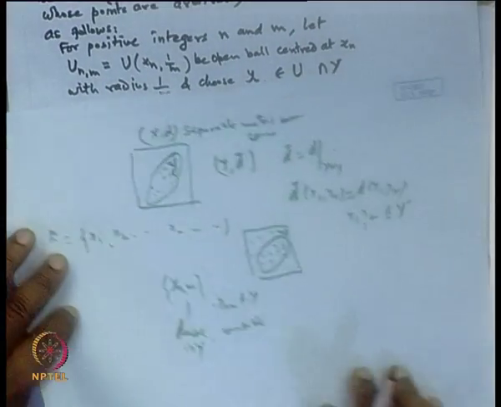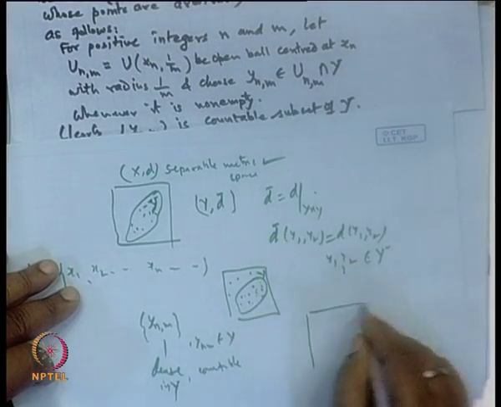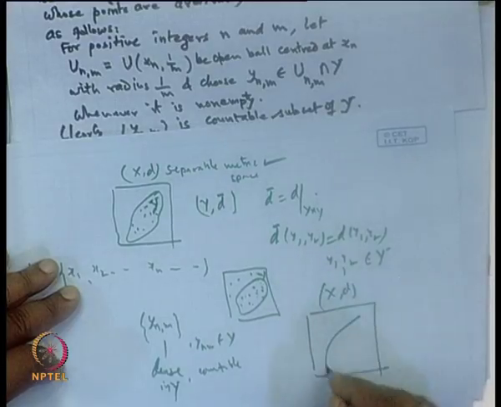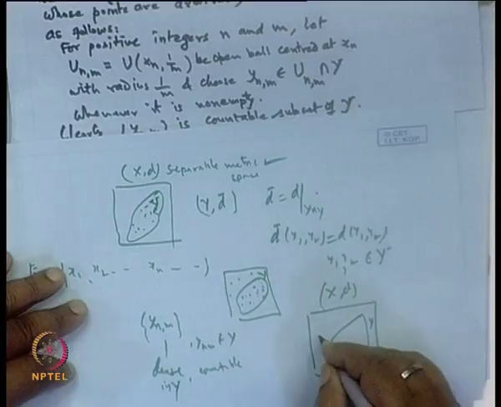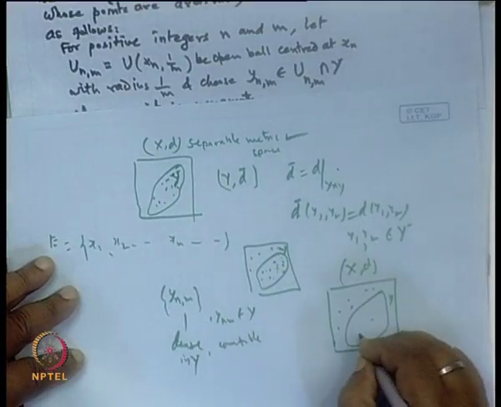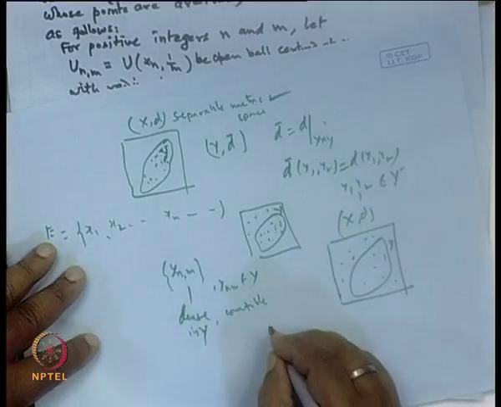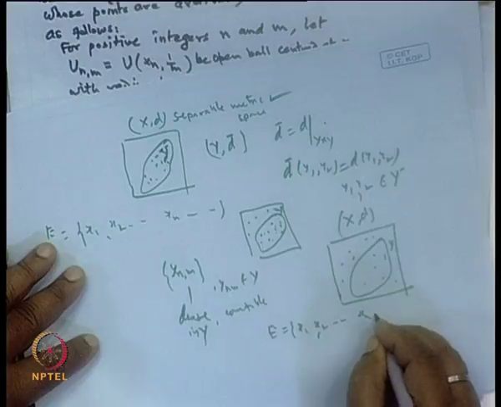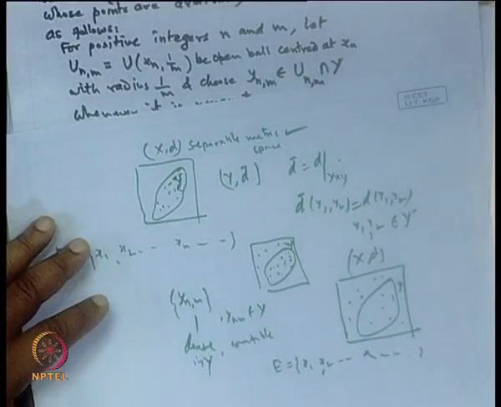Let us suppose this is our X, d and here it is Y. These are the points x1, x2, xn. Here this is E which is x1, x2, xn and so on. Okay.